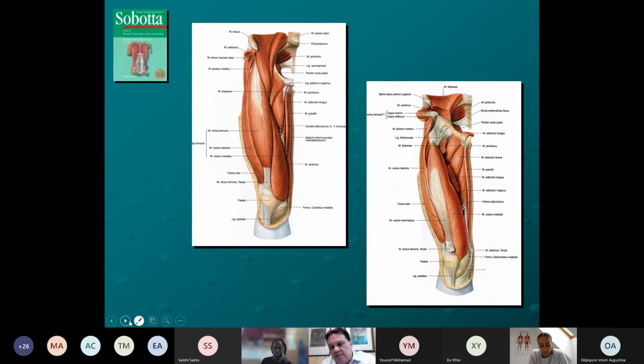Well, this muscle you have already learned. Who can tell me the name of the muscle? I am not making exams in anatomy. So if you're telling something wrong, you will not get any bad result from me. You have already learned this muscle, I know.